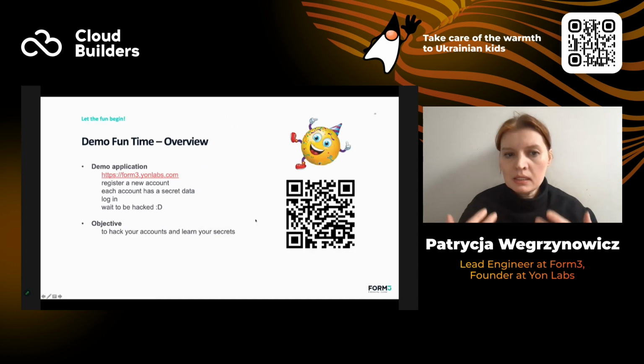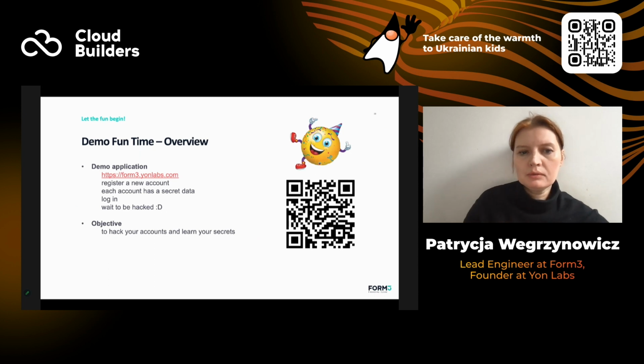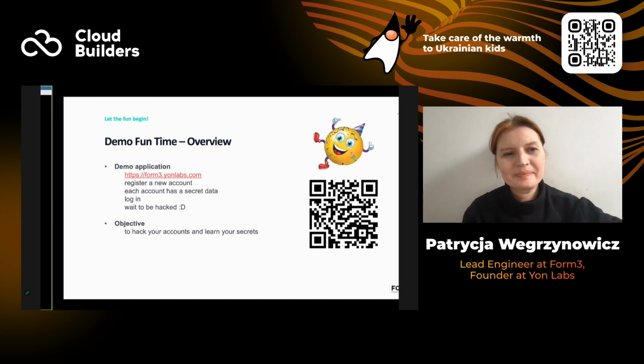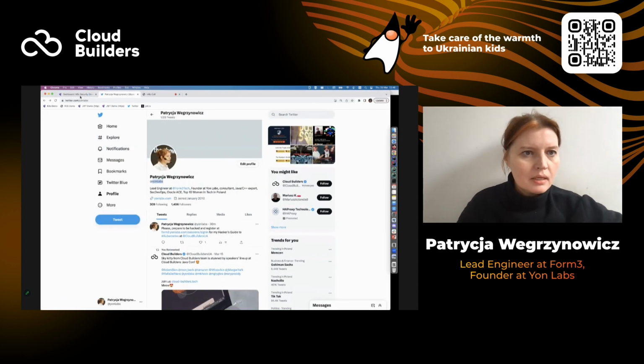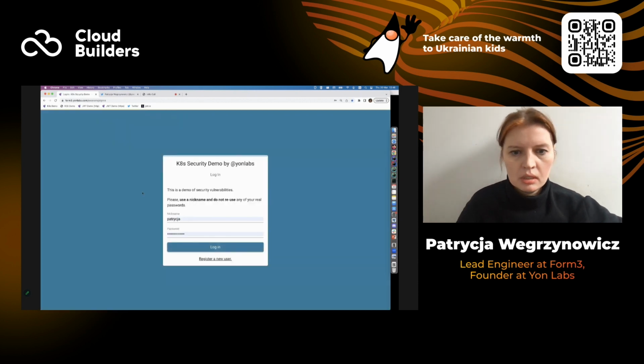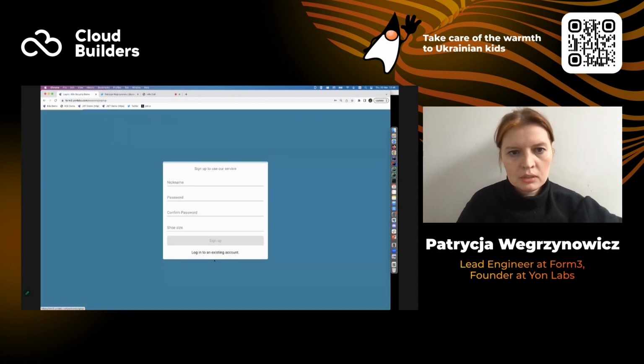I would like to ask you to register a new account. Each account has secret data. I would like you to log in and wait to be hacked, because my objective is to hack your accounts and learn your secrets. So once you go to the application, you can register a new user.